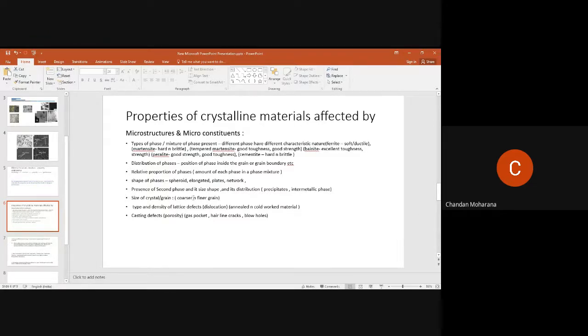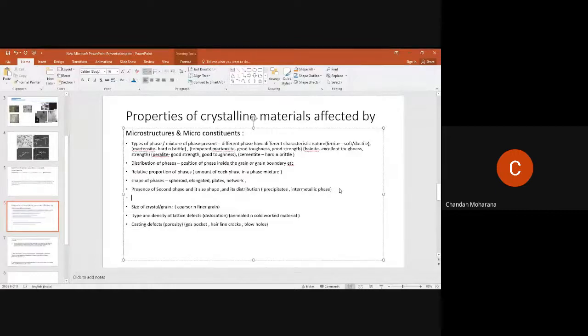The important point here, presence of second phase, you can also write presence of non-metallic inclusions. Non-metallic inclusions also influence the properties. Non-metallic inclusions means maybe some oxides, sulfides, silicates present in steels or any materials.